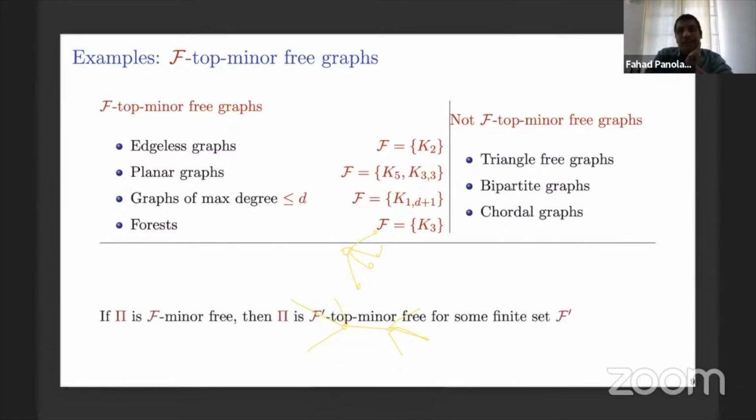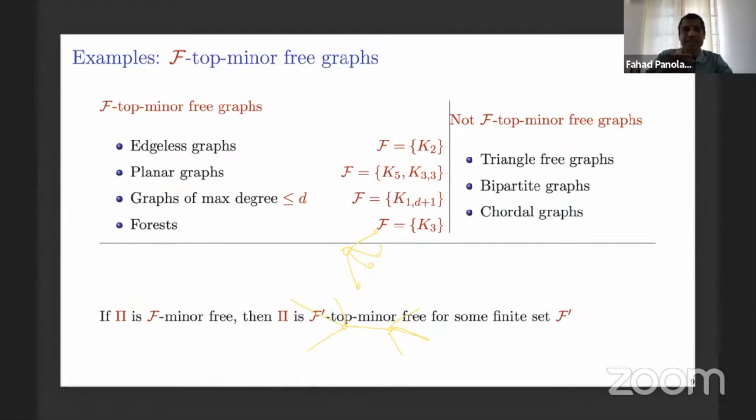Okay, so now I want to emphasize one more point here. If pi is F minor free, then pi is also F prime topological minor free for some finite set F prime. Which means that if some graph class is F minor free, then it is also F prime topological minor free for some finite set F prime.